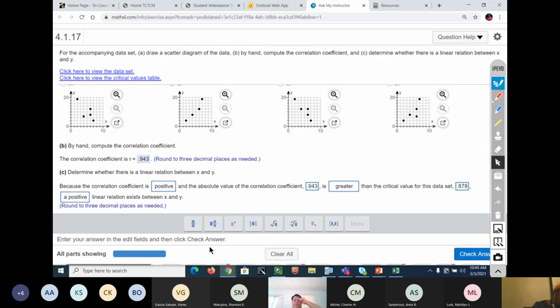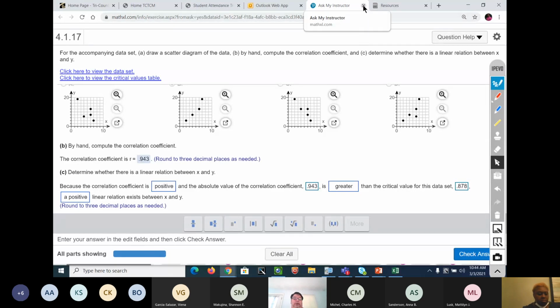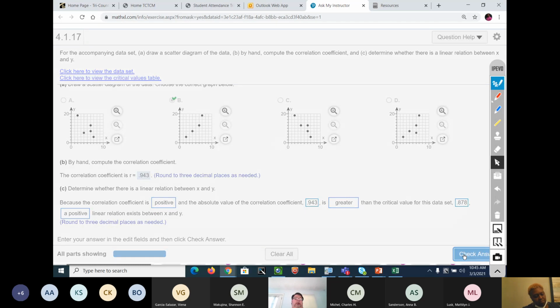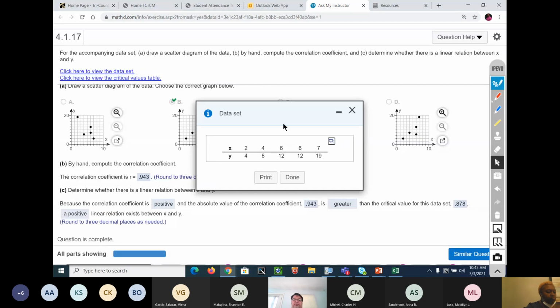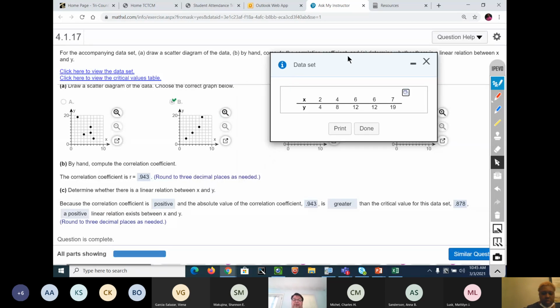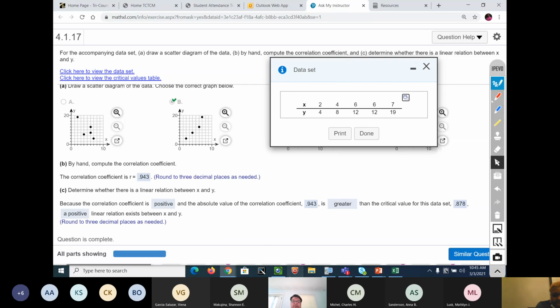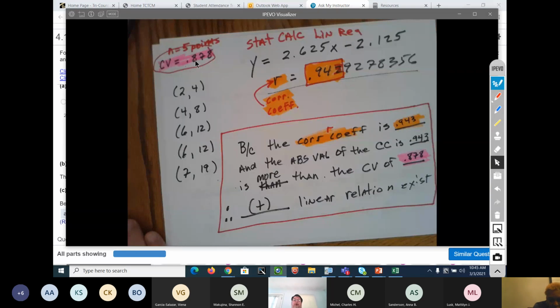Oh, we did. All right, now y'all gonna do another one. Let's do this one. And here's your data set. Now, I'm not going to give you the table because do we still have 5 points? Yes. So what's the critical value? 0.878. Exactly.